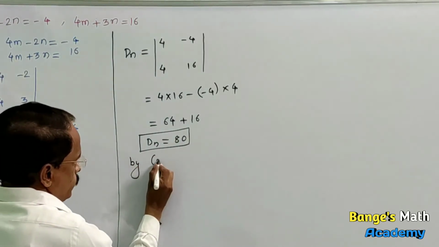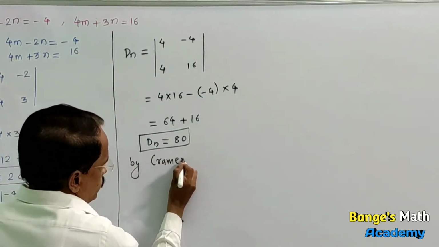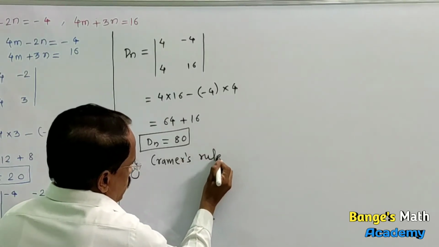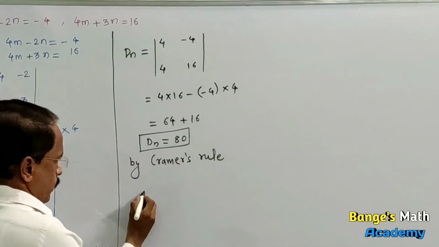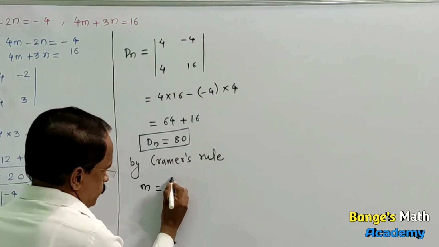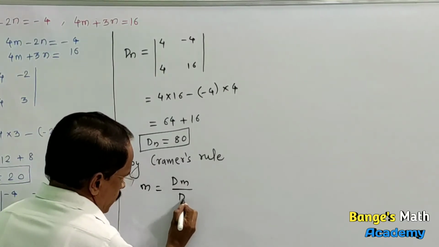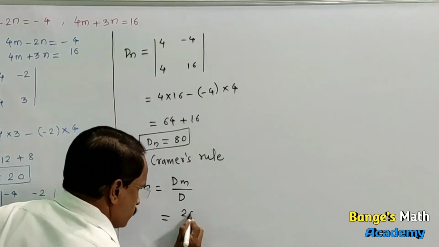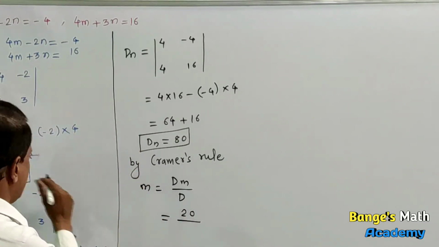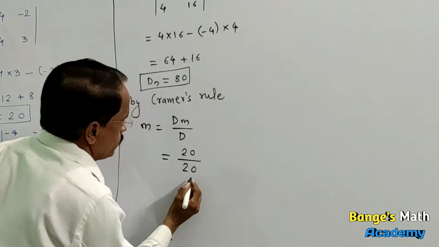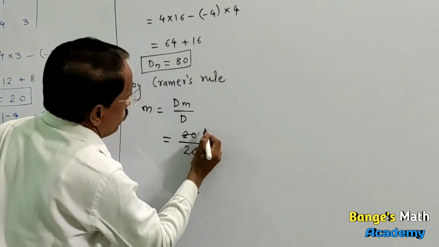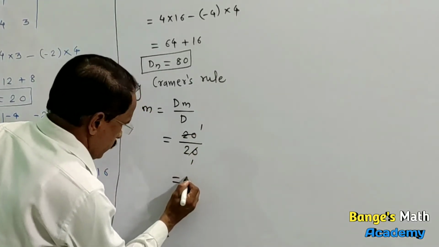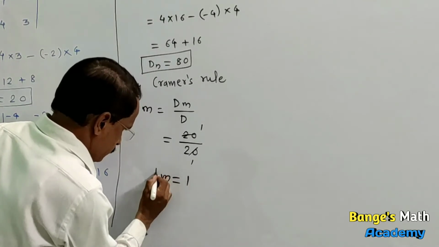Then by using Cramer's rule, m is equal to dm upon d. dm is 20 upon d is 20. By cancelling, 20 ones are 20, 20 ones are 20. So m is equal to 1.